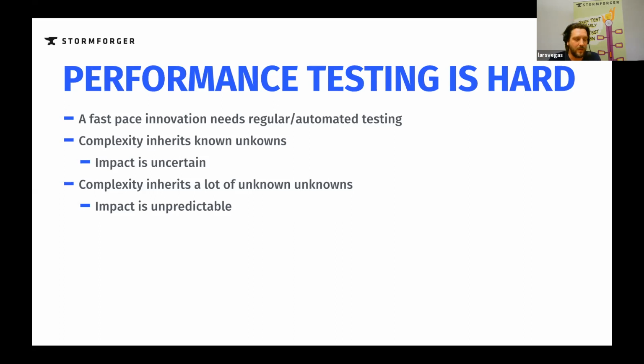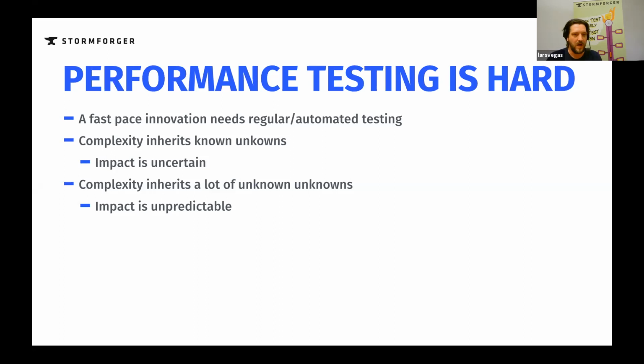Complexity also inherits known unknowns. In terms of confidence, this is first of all not a problem, because we know there is an impact, and maybe that impact is uncertain, but most people feel confident that there is an uncertain impact and they will deal with it.